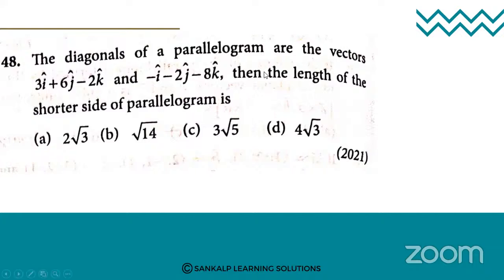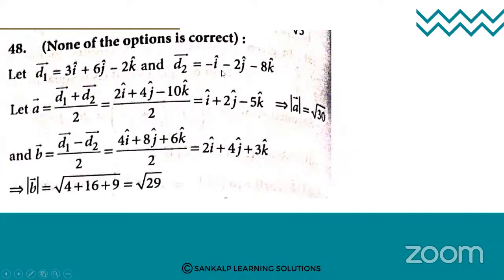Now what we are doing is, the length of the shorter side of the parallelogram. Say d1 is given and d2 is given. So A will be equal to this and B will be equal to 2i cap plus 4j cap minus 10k cap upon 2.